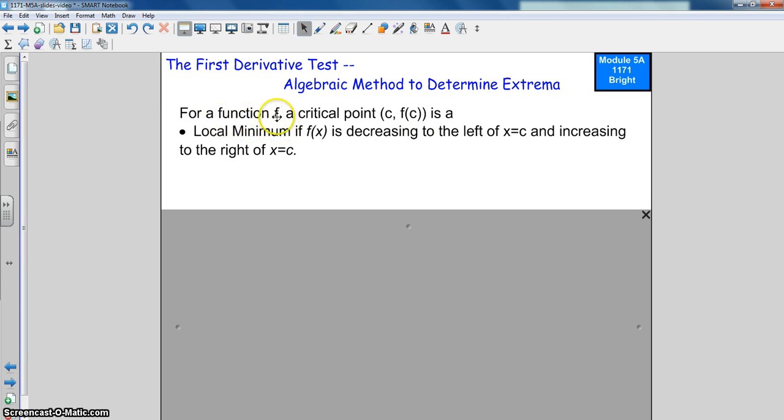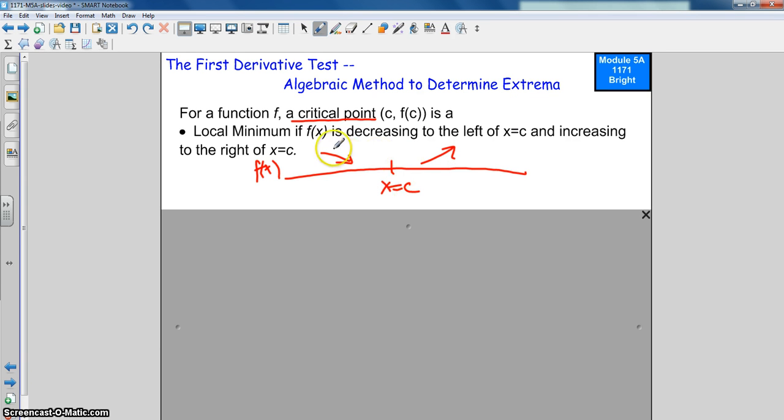So again, for a function, if we have a critical point, then this critical point is going to be a local minimum if, and I'm going to make a little chart here, with x equal to c on it, f of x is decreasing to the left of it, and to the right of it, it's increasing.